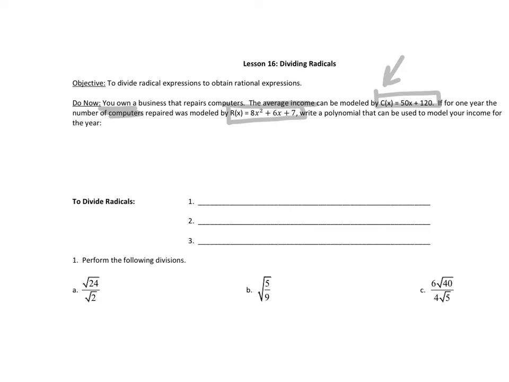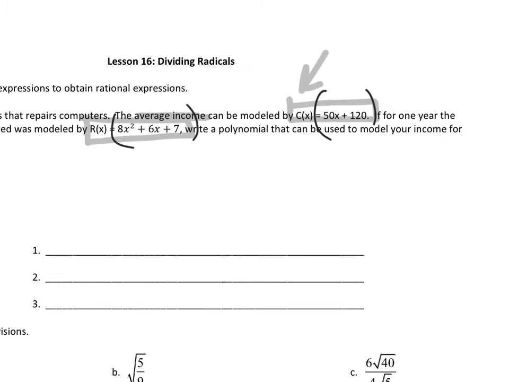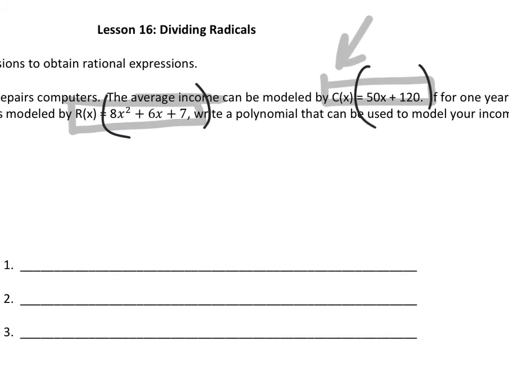So I'm going to do this times this, and I will use the box method. I'm going to zoom in on this so we don't have this all squished up. Okay, so I'll do 8x squared plus 6x plus 7, and then 50x and 120.